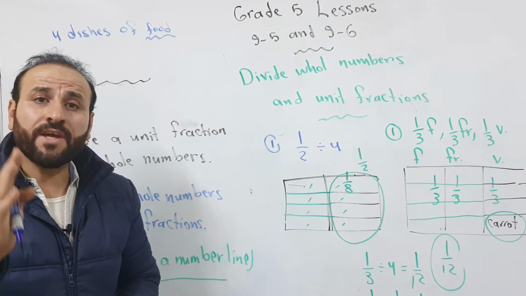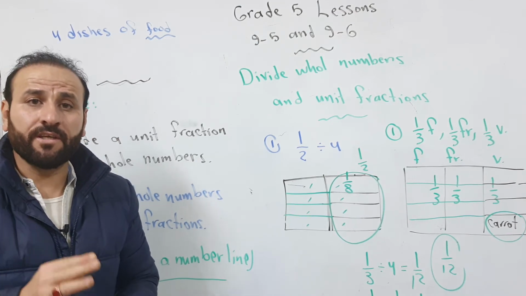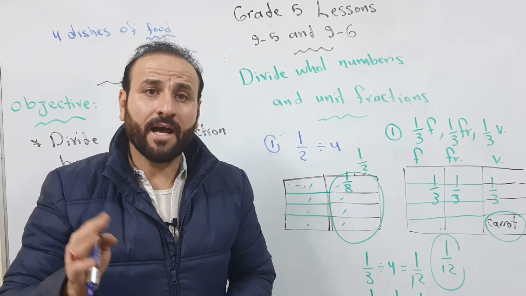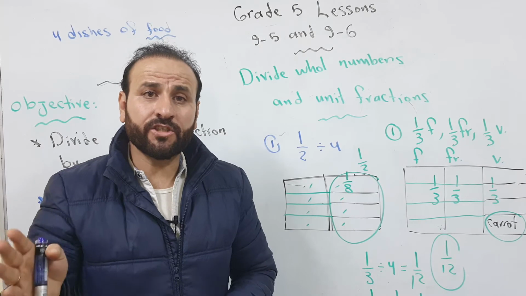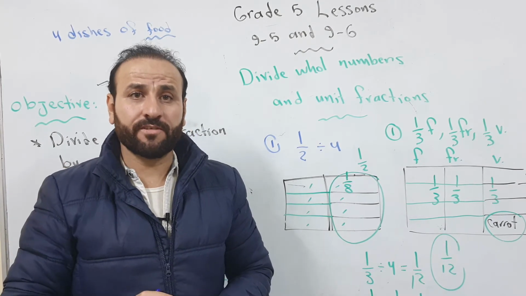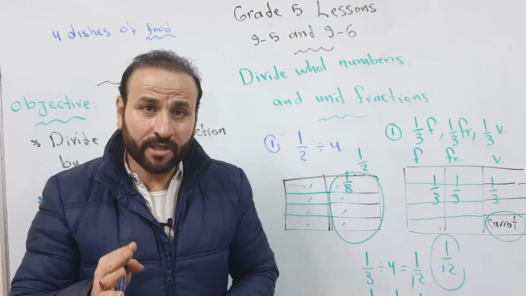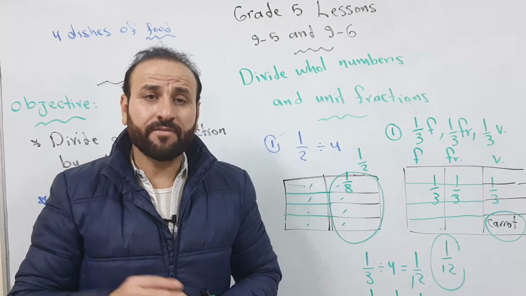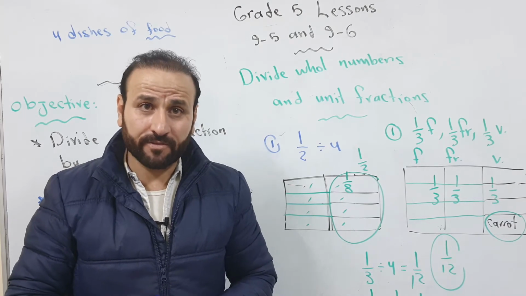So how many thirds, how many 1 over 3s? If I have many guests, and I will give each guest 1 over 3 of the dish, how many friends can I serve?